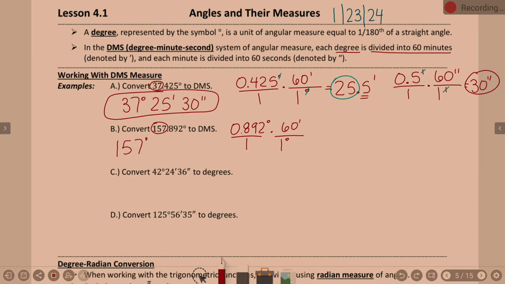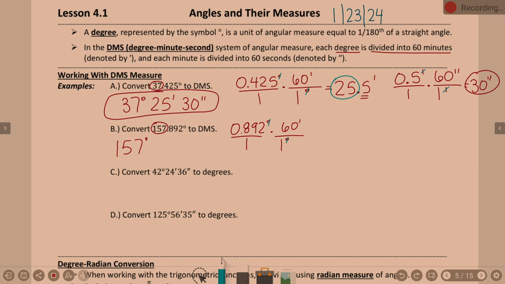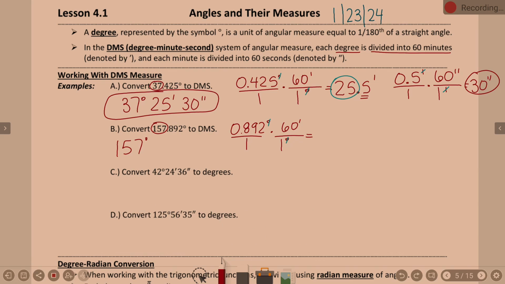We put 60 minutes over 1 degree because if degrees is on top, we want degrees to cancel. And I wasn't lying when I said you wanted the calculators today, right? So 0.892 times 60 is 53.52.